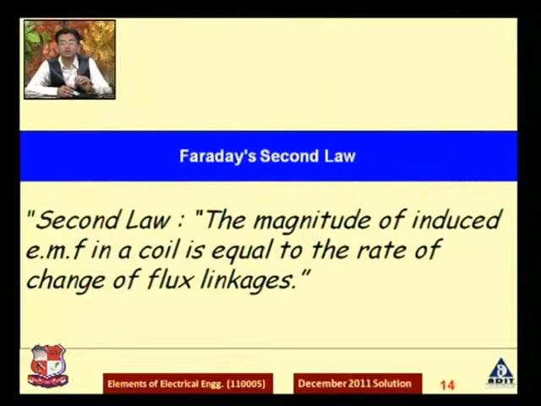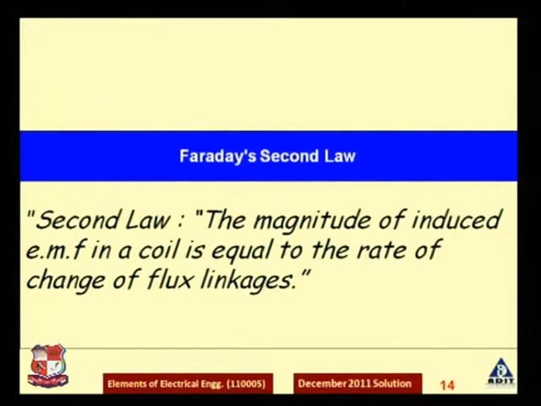So Faraday's law mainly deals with how the EMF is induced and the rate of change of flux linkage. If the rate of change of flux linkage changes, then the EMF induced in a coil will also change. This law is very important for understanding the generator and motor principle.